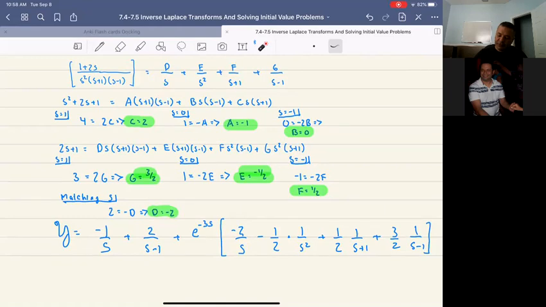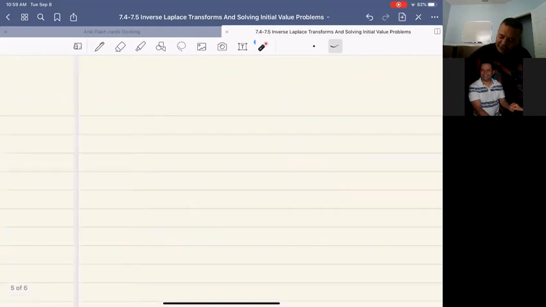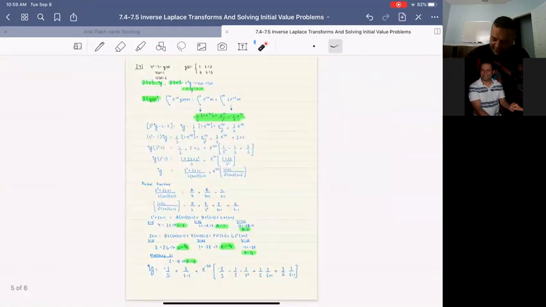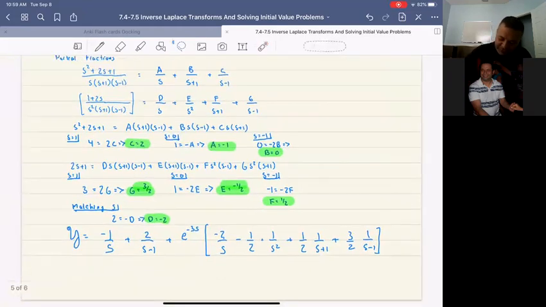E was -1/2, so -1/2 times 1 over s squared. F was 1/2, so the 1/2 goes with the 1 over s plus 1. And then G was 3/2, so the 3/2 goes with the 1 over s minus 1. We go to a new page. Sorry, I'd like to stay on this one, but it would make it way too small. Let's copy this over.